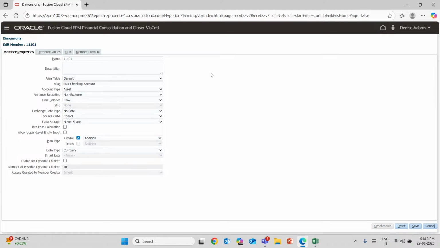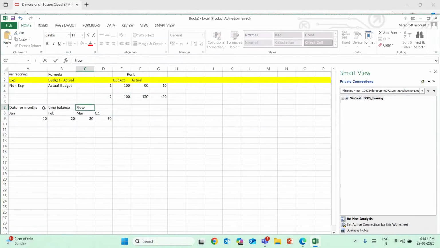It can be incorrect also, so we have to have crystal clear knowledge about what flow we have to take for time balance, and what variance reporting we have to take. So I think this is clear for now.